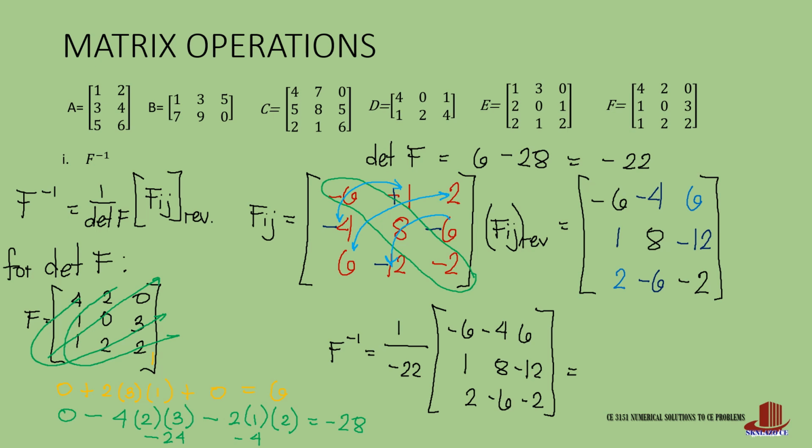This would be equal to integrating our 1 all over -22 into our matrix.